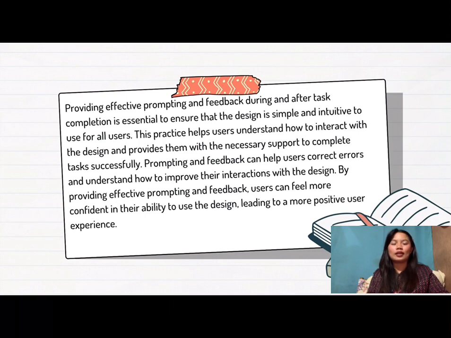Prompting and feedback can help users correct errors and understand how to improve their interactions with the design. By providing effective prompting and feedback, users can feel more confident in their ability to use the design, leading to a more positive user experience.